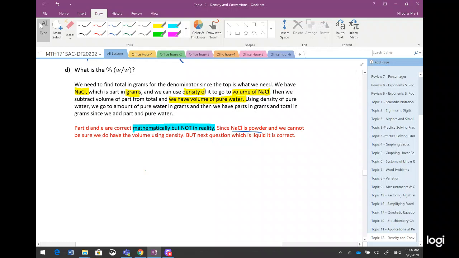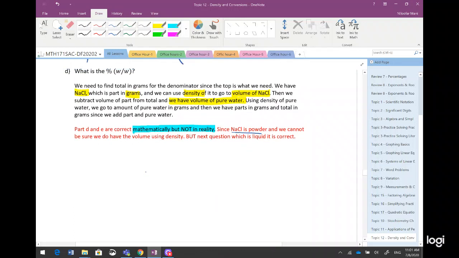This method is correct for the next example, or for when you have liquid but not powder. But I'm not sure, so I do it for you mathematically. Mathematically it's correct, but based on what I know from many years ago when I was a student doing chemistry, it cannot be correct because in reality that's powder.